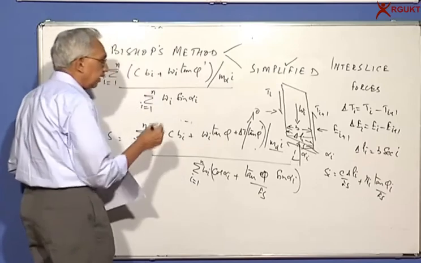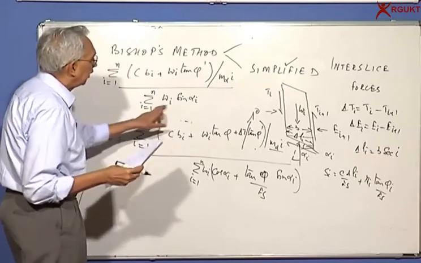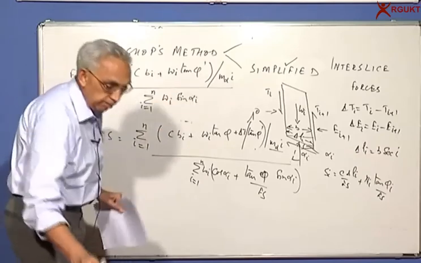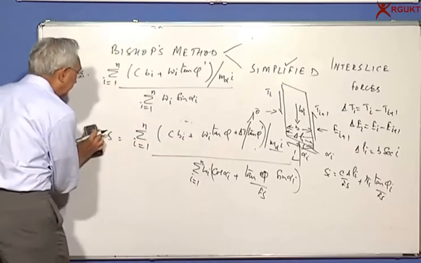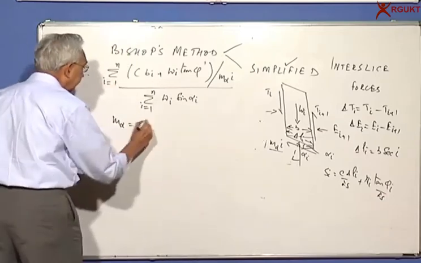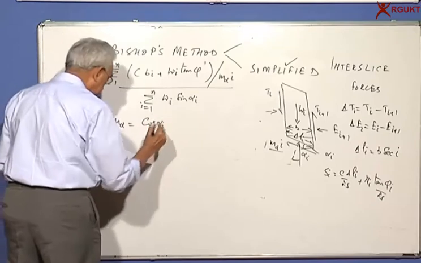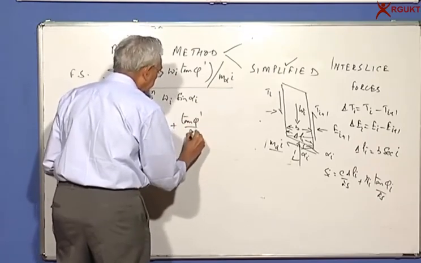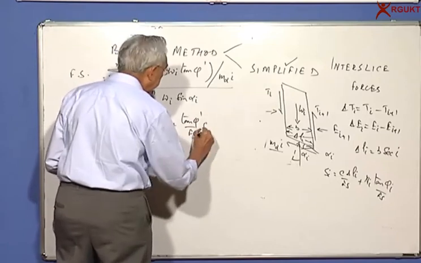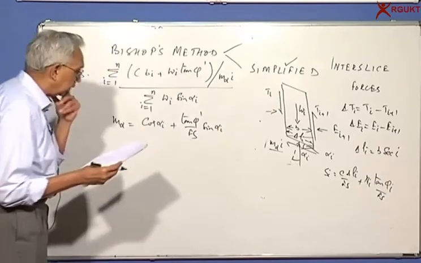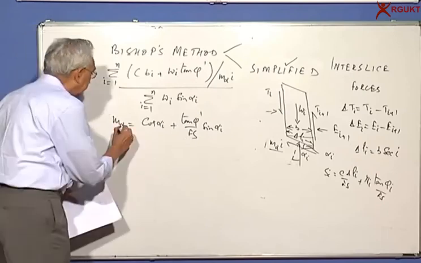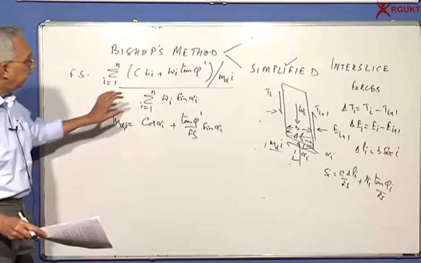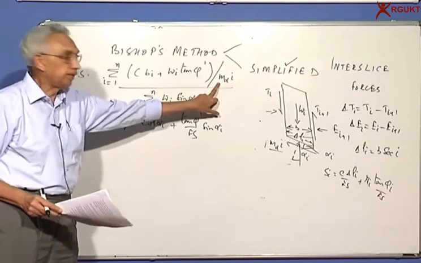The radius r gets cancelled because we have r sine alpha i and you have r. The main change is in the term m alpha i, which is equal to cos alpha i plus tan phi prime by factor of safety into sine alpha i. This is a new term, so earlier we did not have it in the expression.